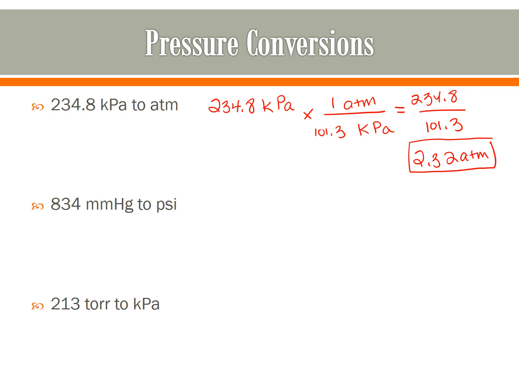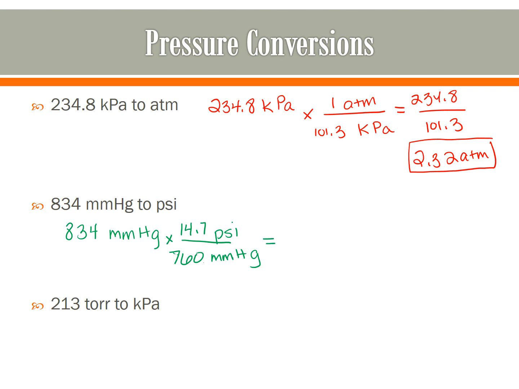Just a reminder about how to convert 834 millimeters of mercury to psi. Again, start with what I give you, times. I'm trying to get rid of mmHg, so that needs to go in the denominator. I'm trying to get to psi, that goes in the numerator. The number in that equivalency next to mmHg is 760. The number next to psi is 14.7.